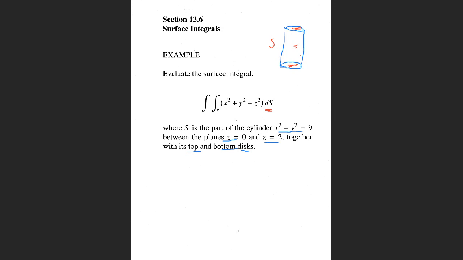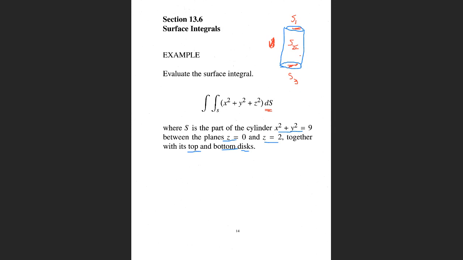So we could call the top disk S sub 1, the cylinder part, the side of the can, S sub 2, and then the bottom disk S sub 3. So how many surface integrals am I going to have to compute? 3.